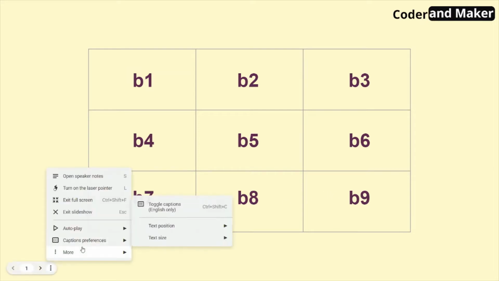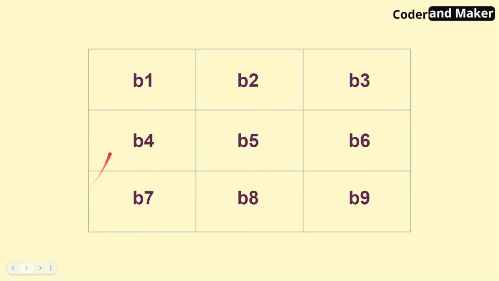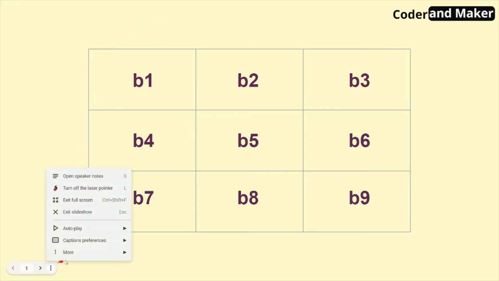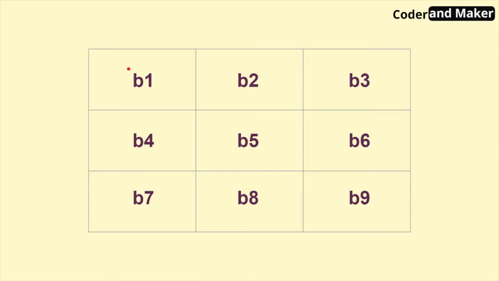Now, if we see over here, this B1, what is the location of this B1? The location of B1 is 0, 0. Here we have a total of 3 rows and 3 columns.